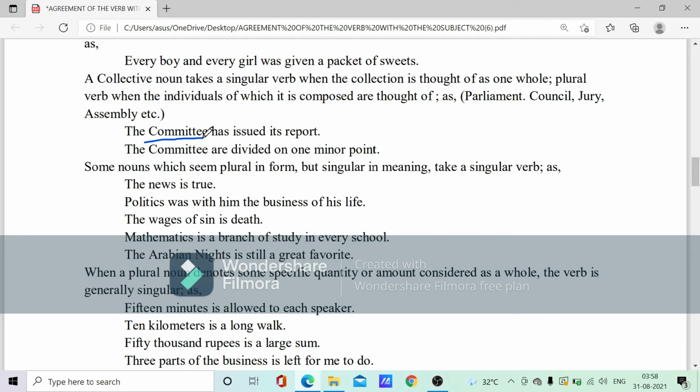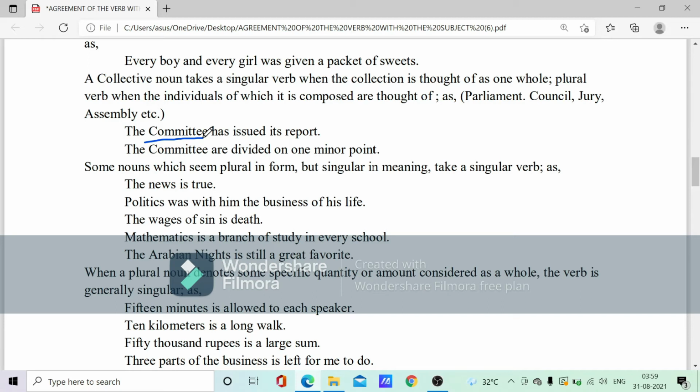They all are agreeing on this particular report. And that's why the word committee is taken as a collective noun, and it has a singular verb, because in that case committee signifies, or refers to, a singular noun, right?